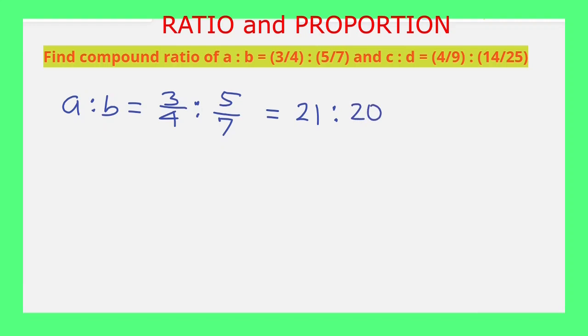So this ratio becomes A ratio B is 21 ratio 20 and C ratio D is equal to 4 upon 9 ratio 14 upon 25, and the LCM of 9 and 25 is 225, as nothing is common in between 9 and 25.